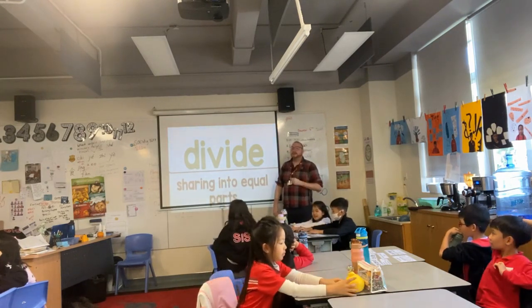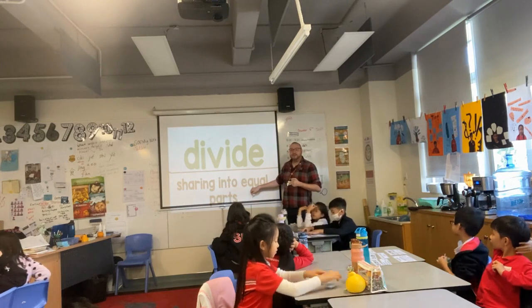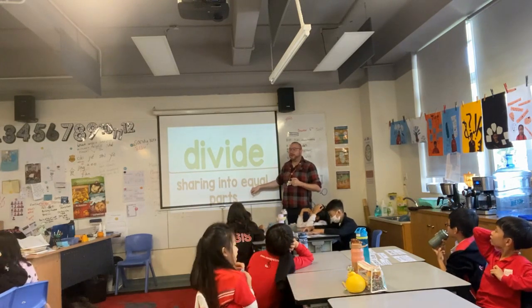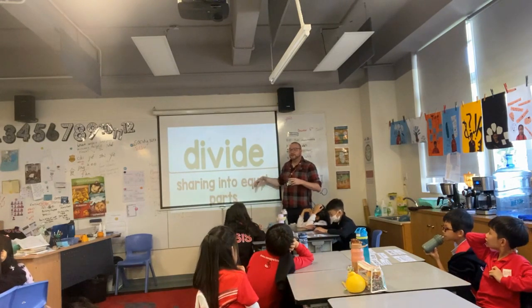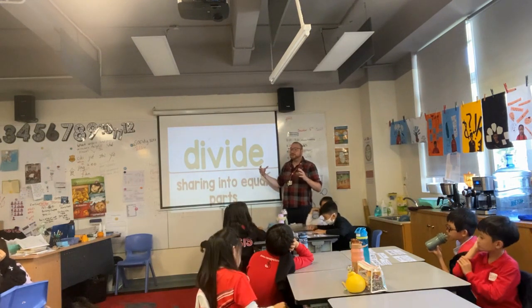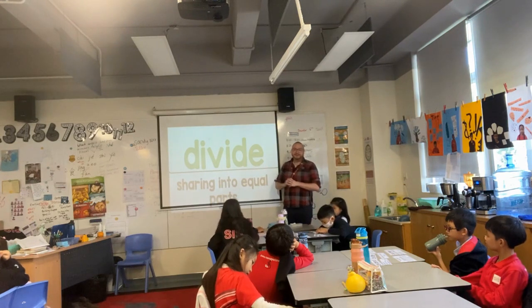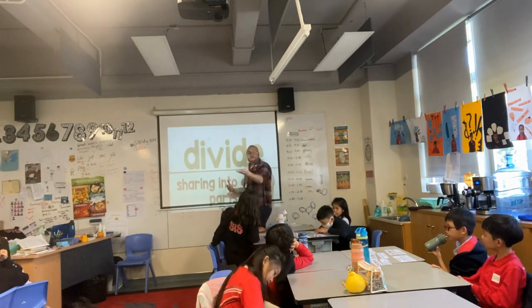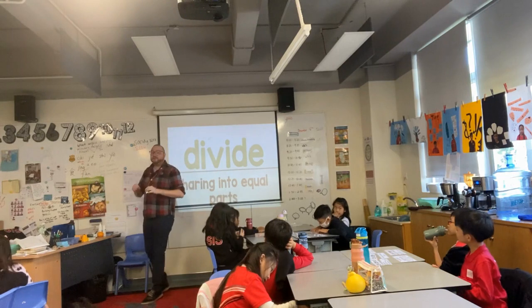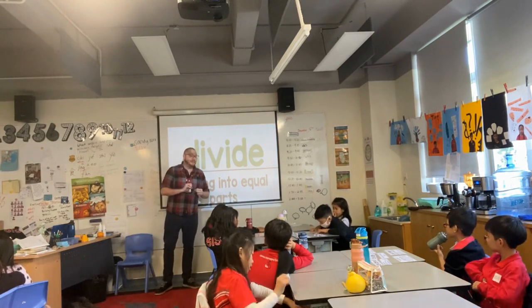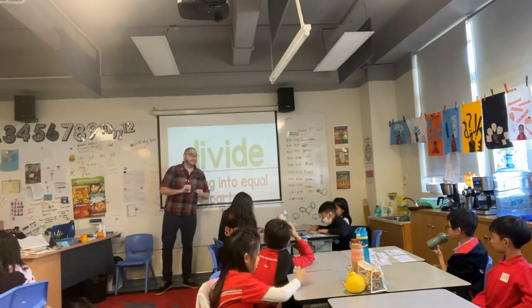Equal parts. Yeah, equal parts, right? When we were creating our factors, we'd often put our numbers into groups. But what kind of groups? Equal parts, equal groups. We're going to use similar strategies today when we're looking at division.